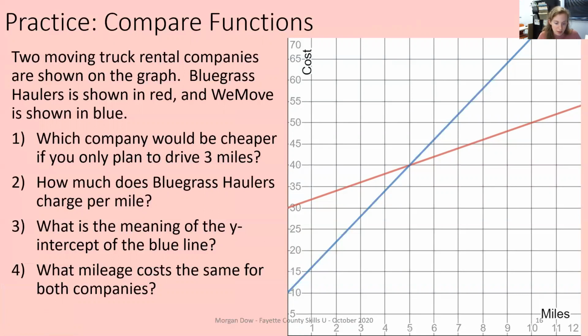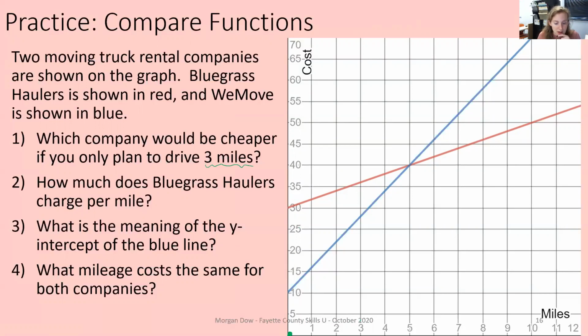Again, you want to notice that the very bottom edge of the graph here is the x-axis, so the bottom there is 0. The corner right here where both of the axes start represents 0 for both of them. Okay, so which company would be cheaper if you're only planning to drive 3 miles?